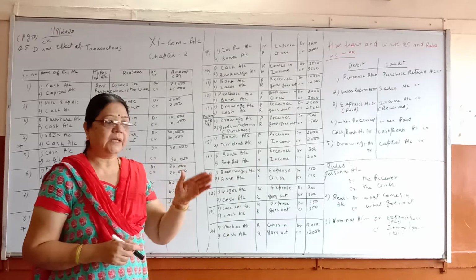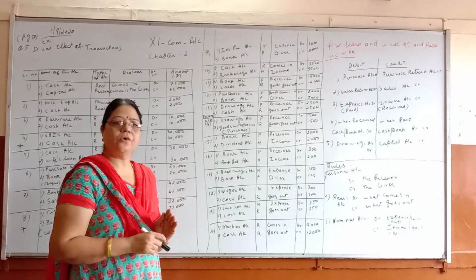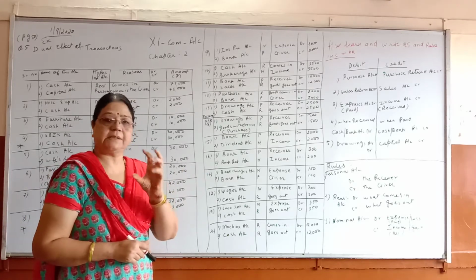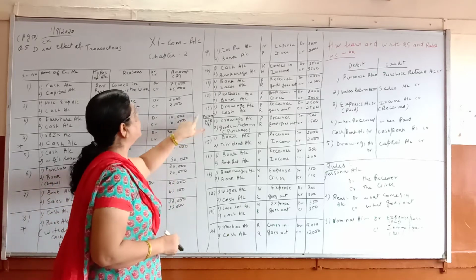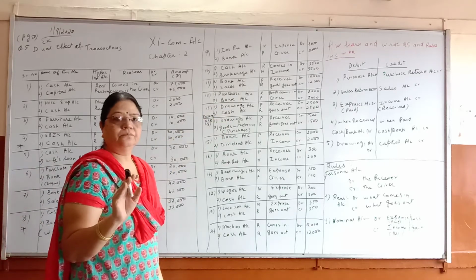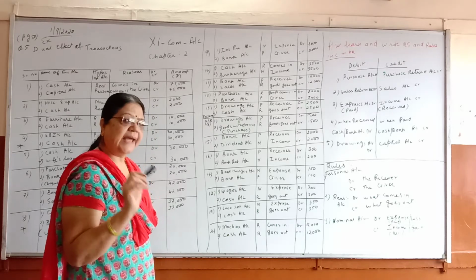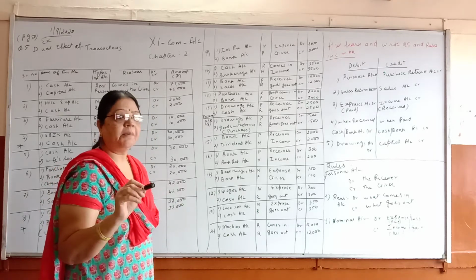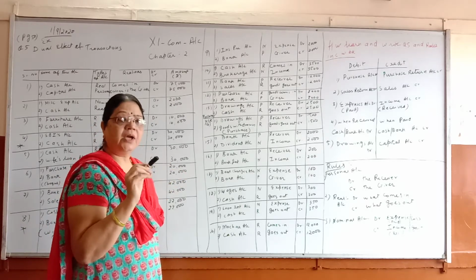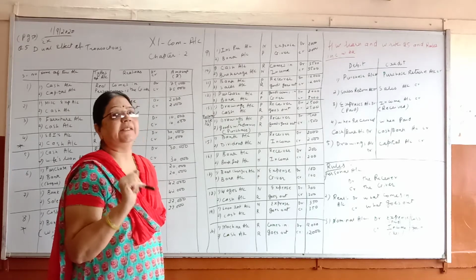No other person can withdraw from the business. So only the owner can withdraw from the business for his personal use. So whenever personal use is given, drawings account is debited. Always drawings account will be debit. It is a personal account because the owner has withdrawn.